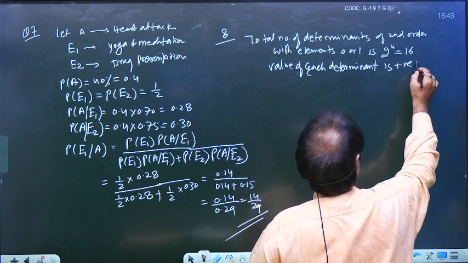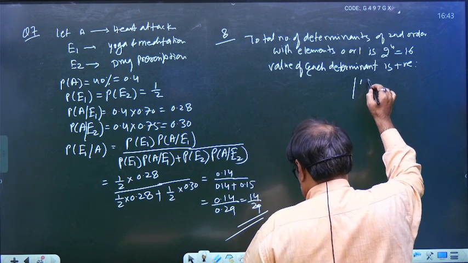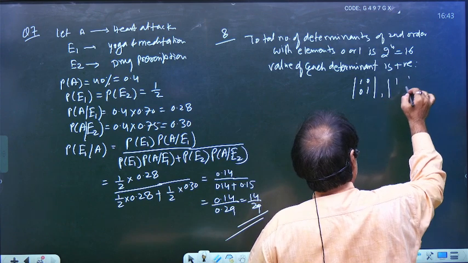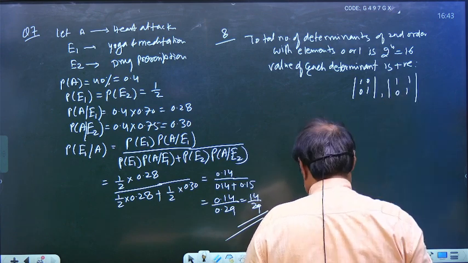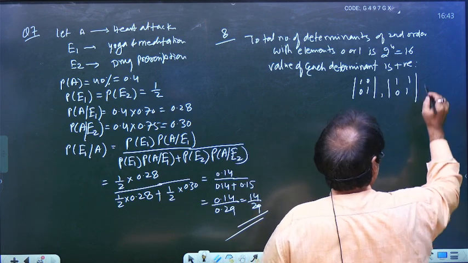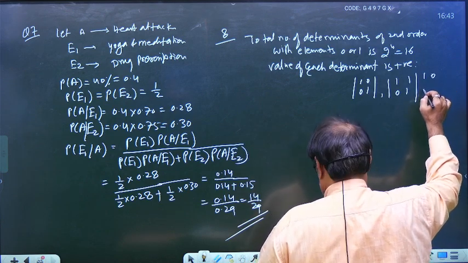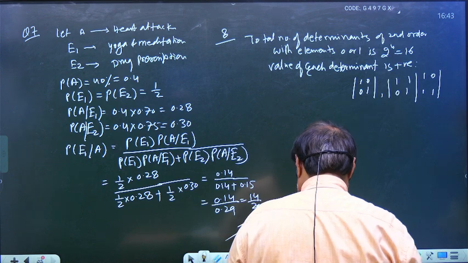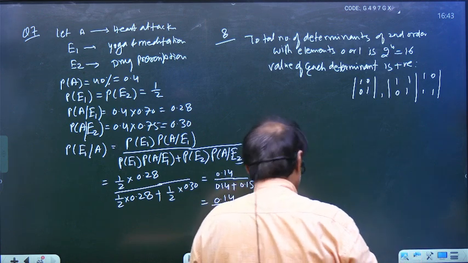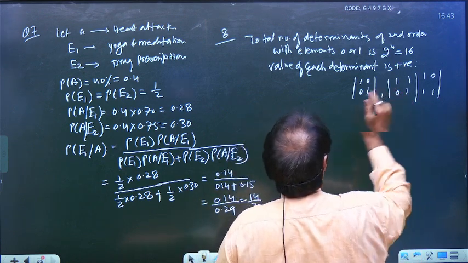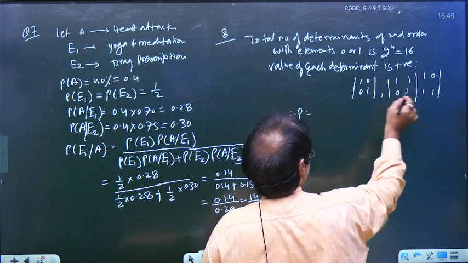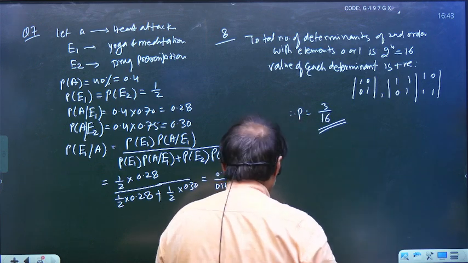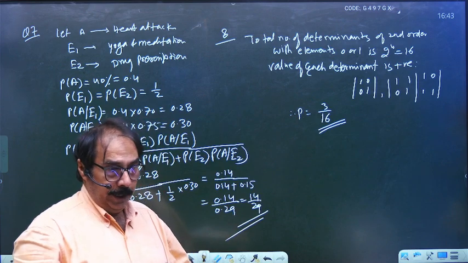So the cases will be 1 0 and 0 1, then 1 1 and 0 1, and 1 0 and 1 1, right? In these cases the determinant value is positive, so the required probability is 3 by 16, and this is the answer of this question number 8.